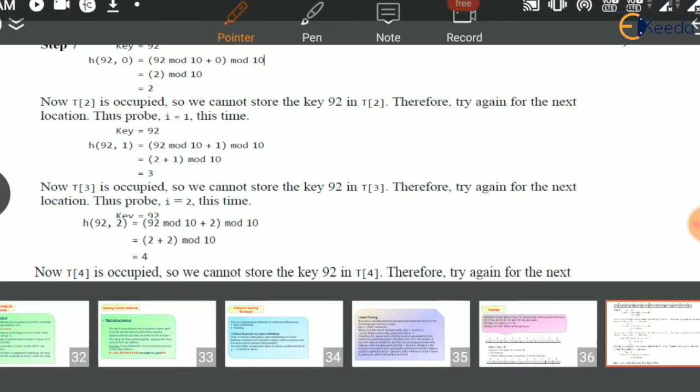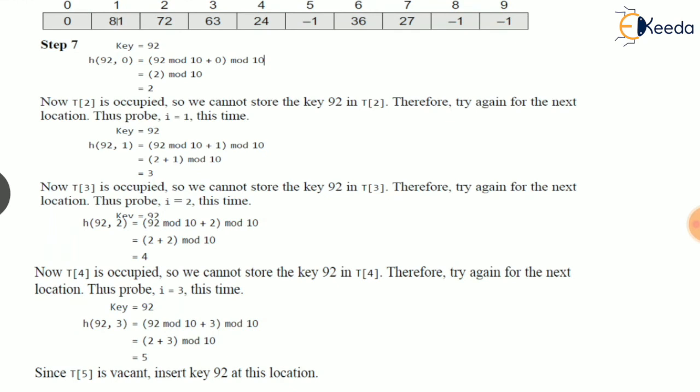This is the hash table, and as we come across different steps, we are reaching step number 7. At this step number 7 you can understand how linear probing helps to remove collision in the hash table.